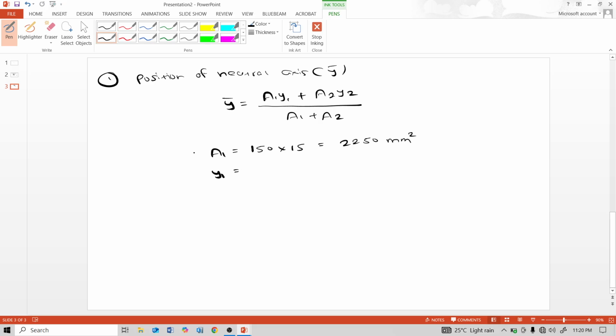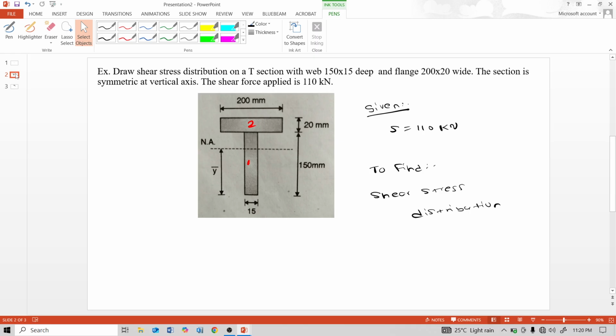And y1 is the centroidal distance of only the web portion from the bottom fiber. That means 150 divided by 2, 75 mm.